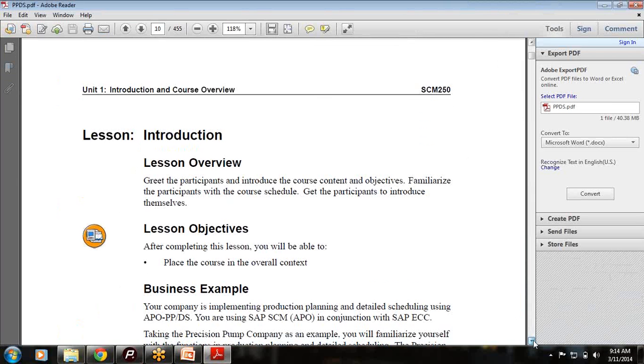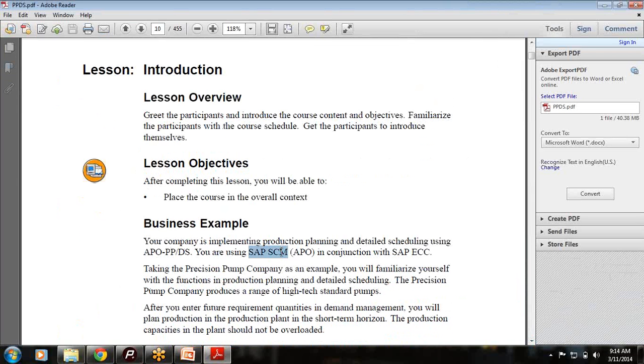Typically we are assuming we are using the SAP SCM system, and as I told you, APO is a part of this SAP SCM system in conjunction with SAP ECC. That means we are using SAP ECC and SAP APO together. Now I will show you.